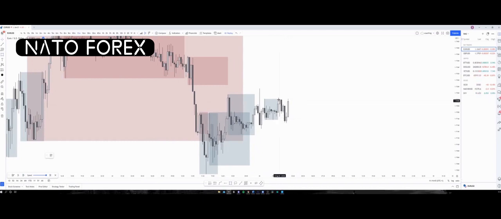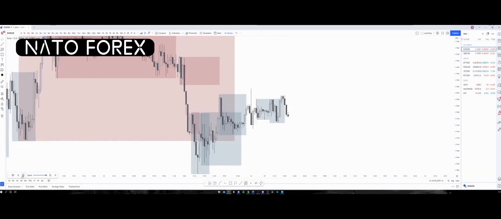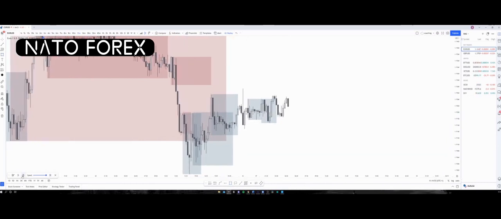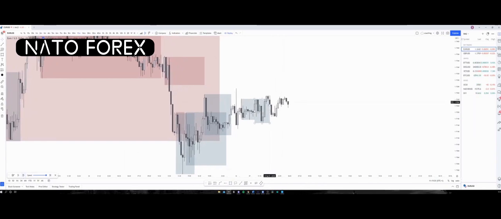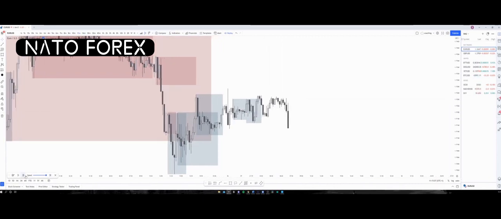This is all not in session, so it's ideal. Cool, so we've got a new range there. Even here we're getting internal ranges, but this is really our demand range, which is the last thing that really broke a high. So once that low goes, cool, we've got our supply range here to here.